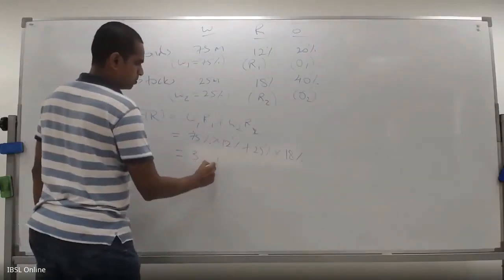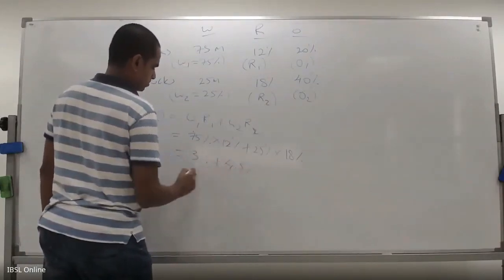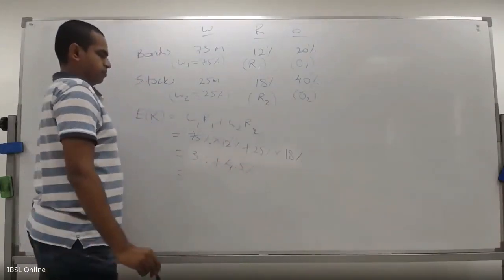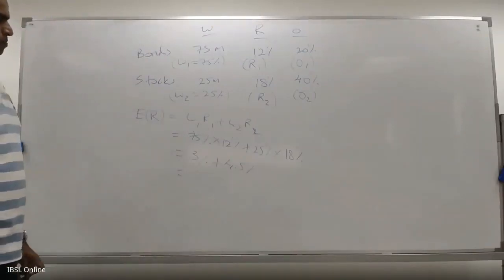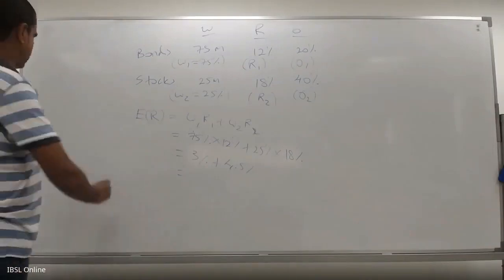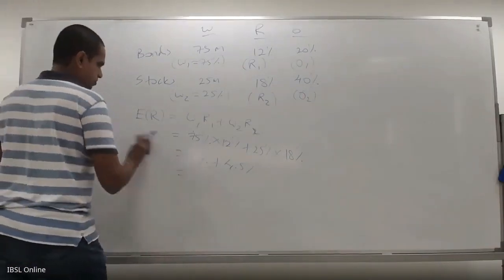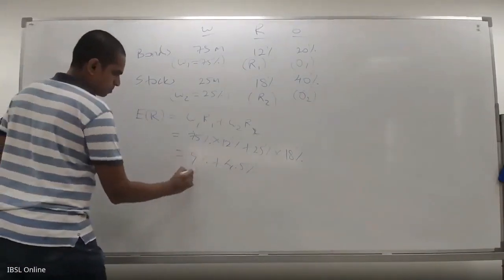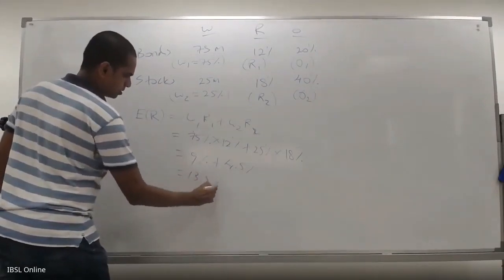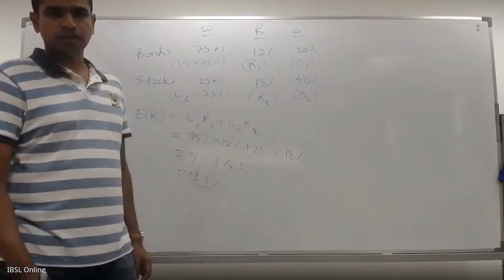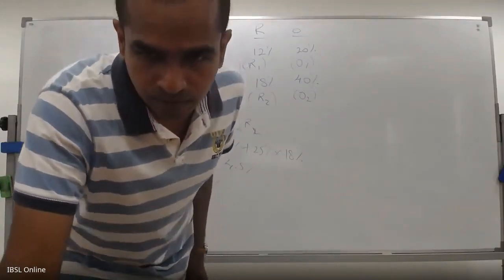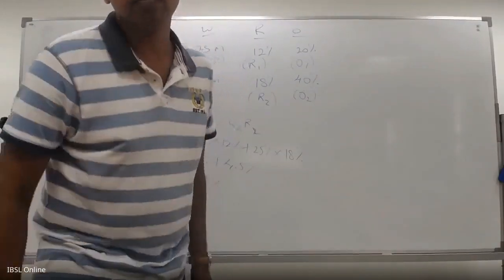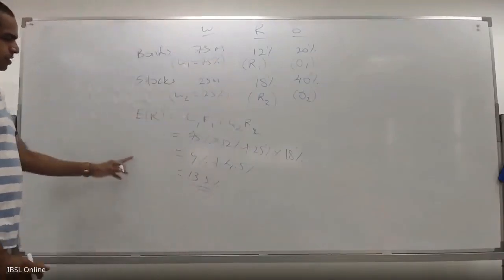So this is 3% plus 4.5. Sorry, it's 9% plus 4.5, which is 13.5%. So you got the returns right? This is your expected return.